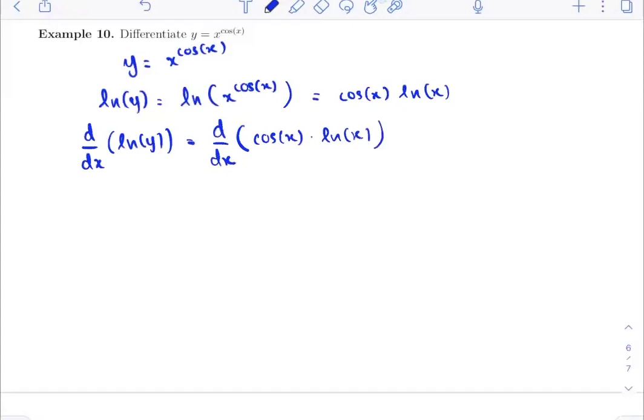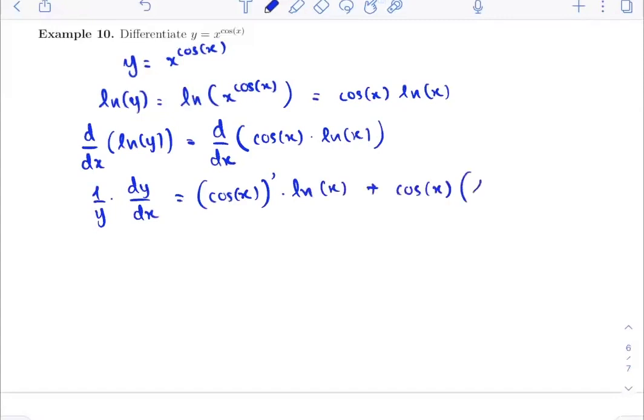On the left-hand side, the derivative of ln of y is 1 over y times dy/dx, equal to the derivative of a product. You apply the product rule. So cosine of x prime times ln of x plus cosine of x times ln of x prime.